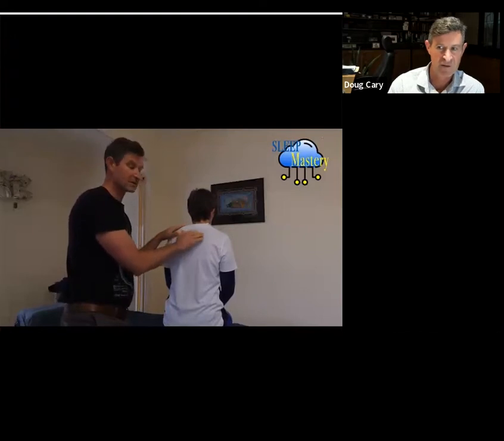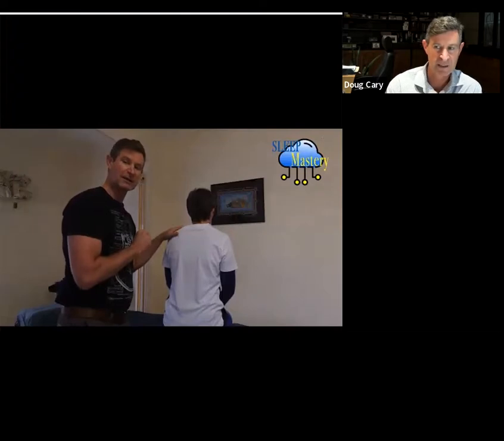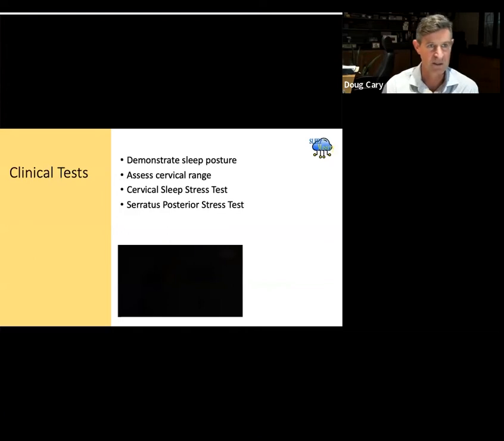If I find they're sore, that to me is a strong indication that the patient is sleeping in a provocative sideline position, and that will be contributing in part to their symptomology. That's why I find those two things clinically clear. If they're clear, then the sleep position is invariably not relevant. So it's a cervical sleep test through side flexion, and then the serratus posterior stress test through protraction, retraction of the shoulder girdle, to palpate the point of origin of serratus posterior superior on ribs 2, 3, and 4.